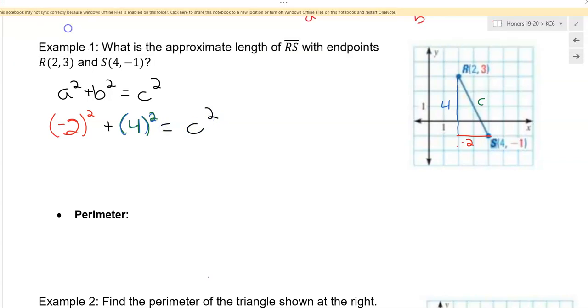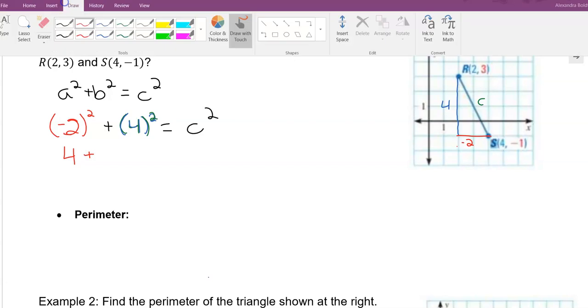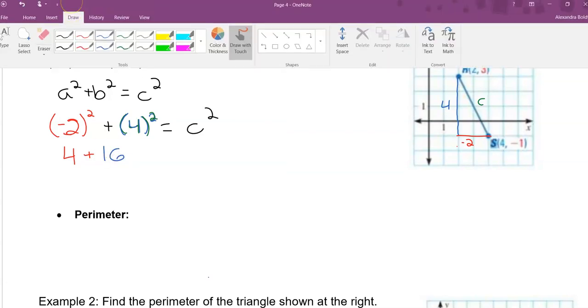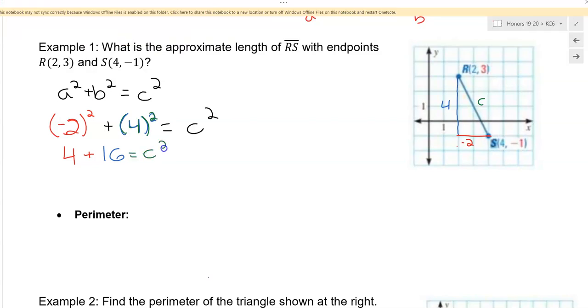Then we have (-2) squared, which is -2 times -2, and a negative times a negative is a positive, so we get 4. That's why the sign doesn't really matter for distance. It will always end up being positive, because a negative and a negative is a positive, or a positive and a positive. So it's up to you. Plus 4 squared is 16, equals c squared. And then 4 plus 16 is 20.